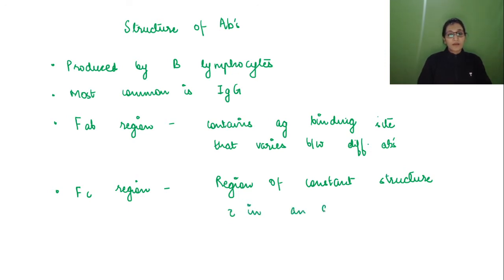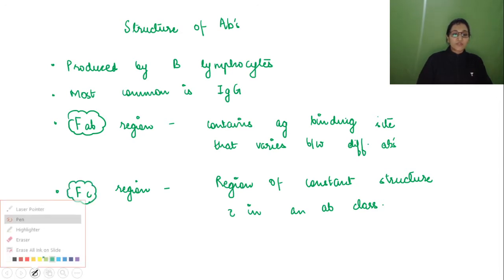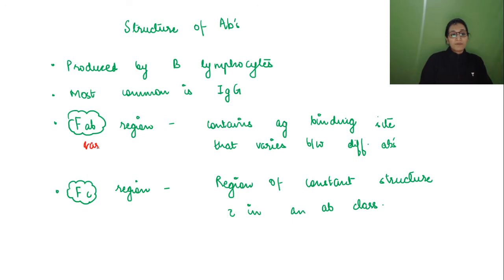So FAB is variable, and FC is constant. So we would write variable over here, and here we would write constant, right?